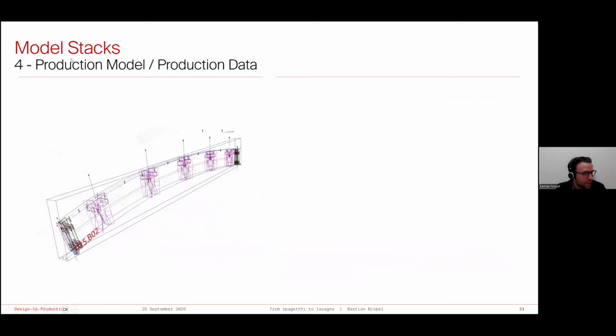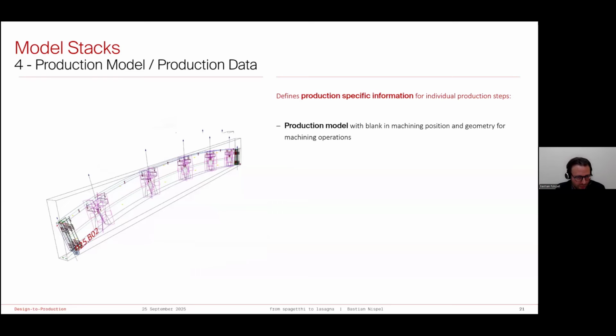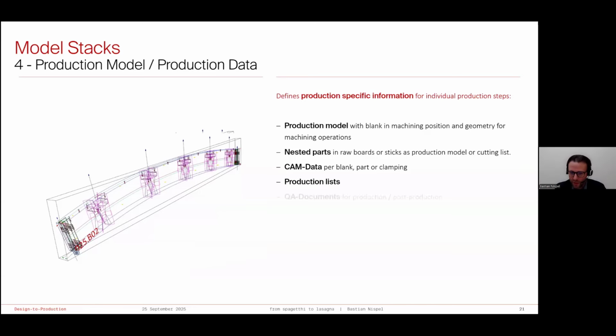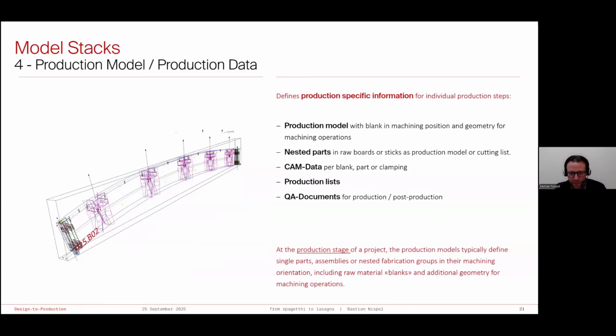The last step, what we usually do, is to create a production model out of that with production-specific information. We need to specifically talk about machines, tolerances, positioning, nesting, and so on, and can potentially also export the CAM data, production lists, QA documents, whatever.